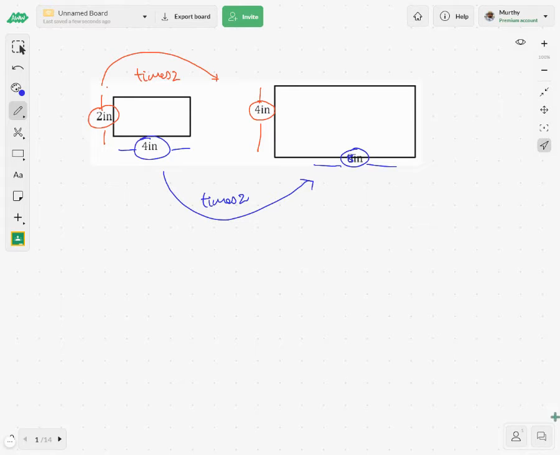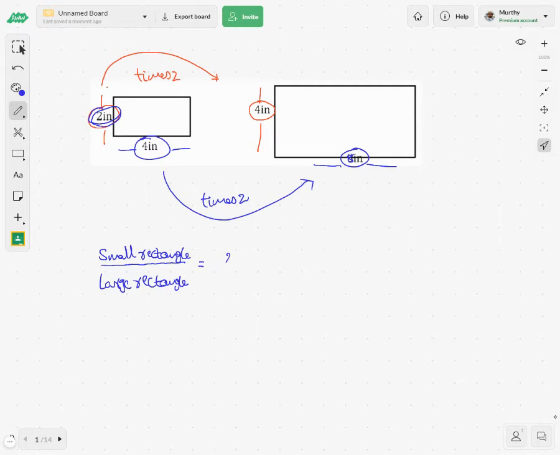That means let's take a ratio of the small rectangle over the large rectangle. You can take, for that matter, any side, like length or width.